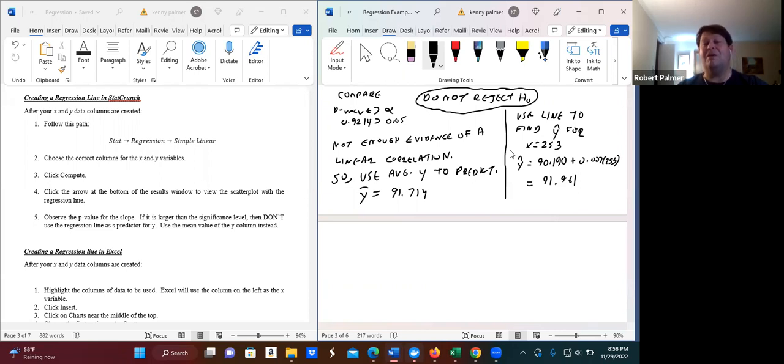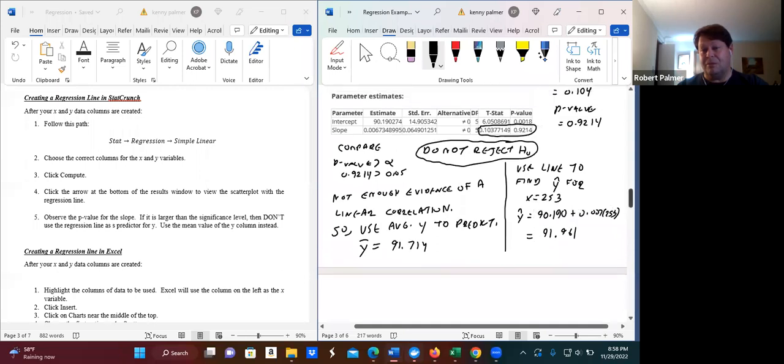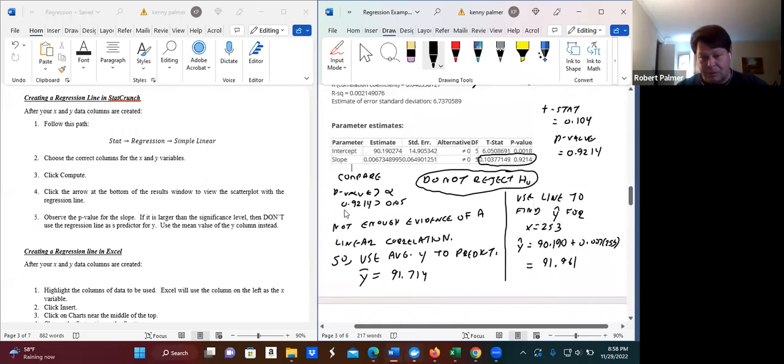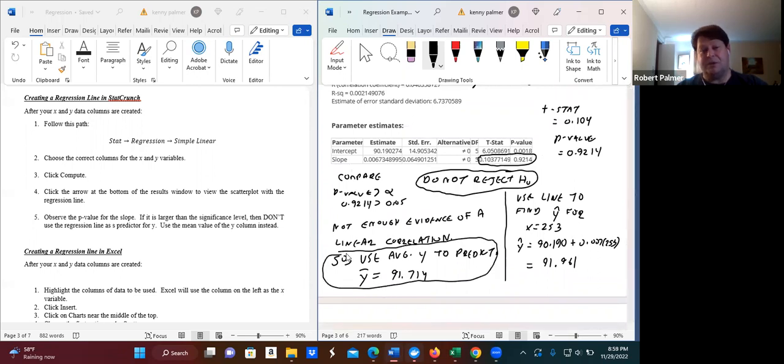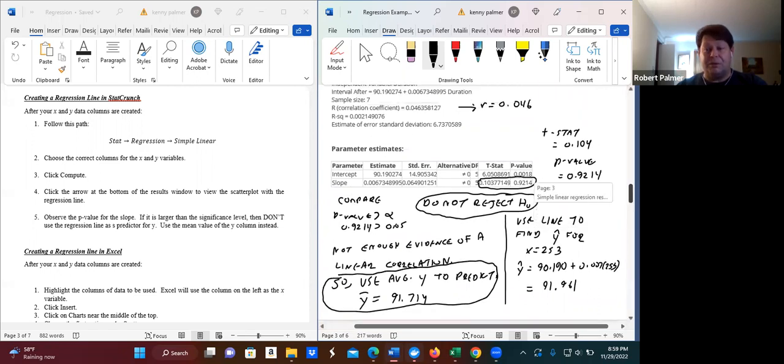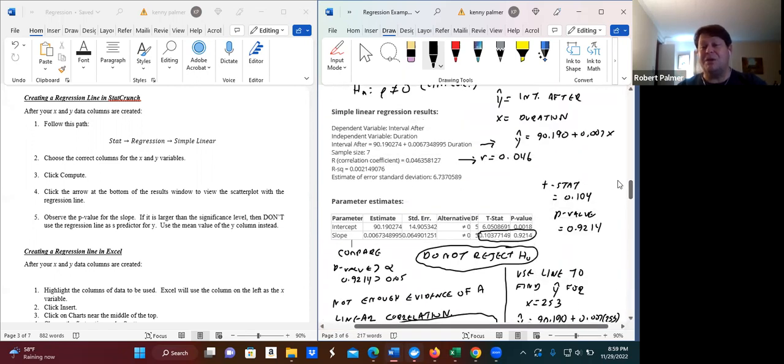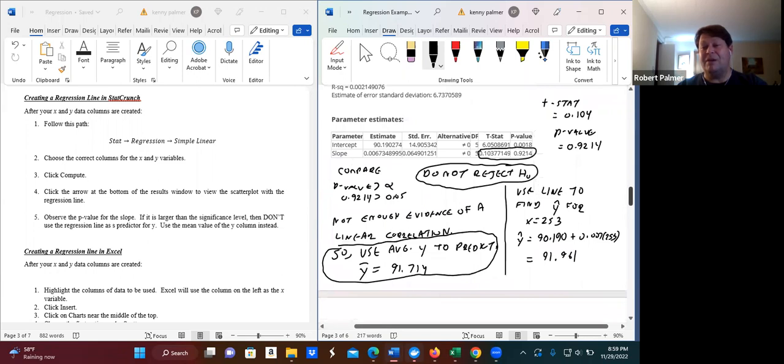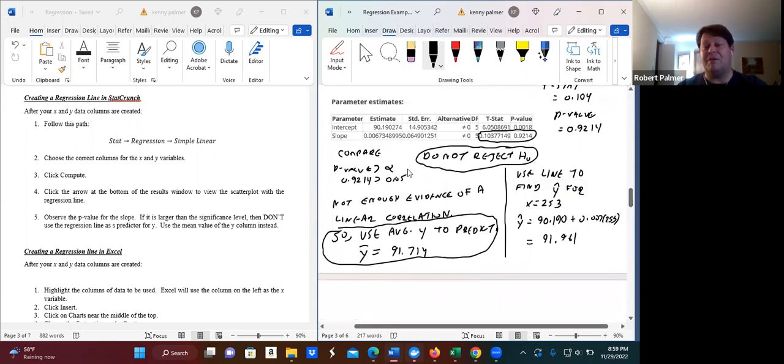But at the same time, we did the hypothesis test with a correlation and found that the correlation test tells us whether or not there's evidence of a linear correlation between the variables. Here there's not enough evidence to say there is a linear correlation.